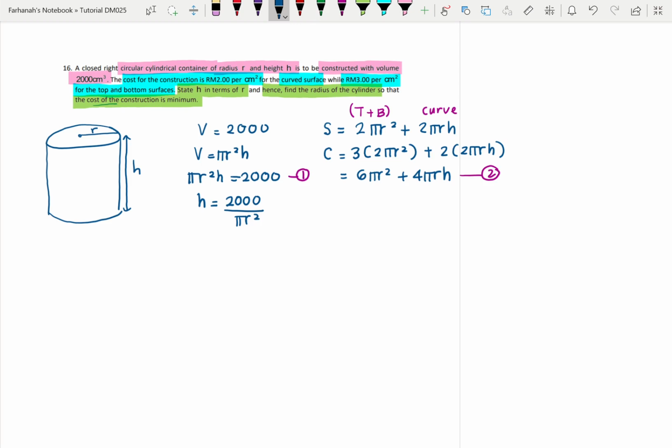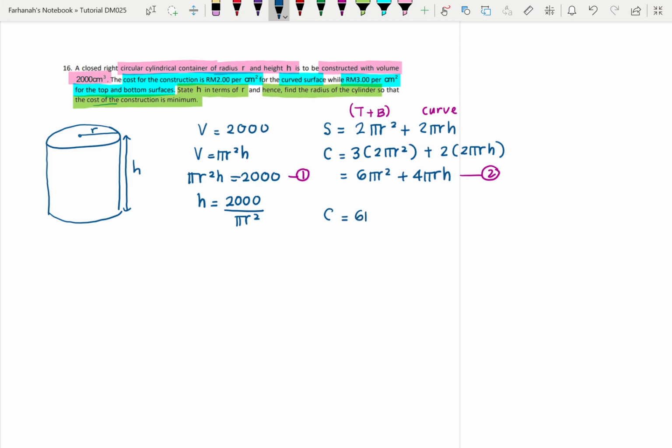So, sekarang step seterusnya adalah awak perlu pastikan equation untuk cost mestilah dalam satu variable, in one variable. So, kita boleh nampak dekat sini kita ada variable r dan juga variable h. Soalan dah suruh kita state h in terms of r. So, awak boleh gantikan h tu dalam sebutan r.